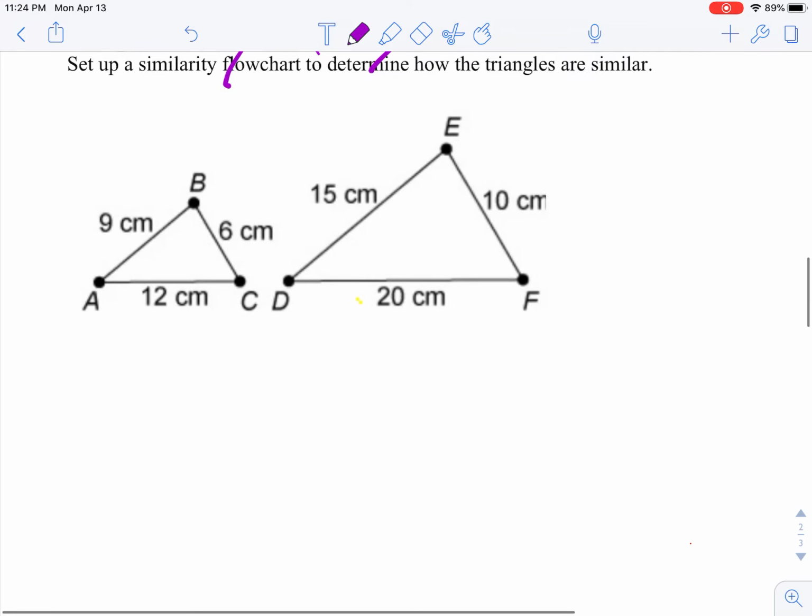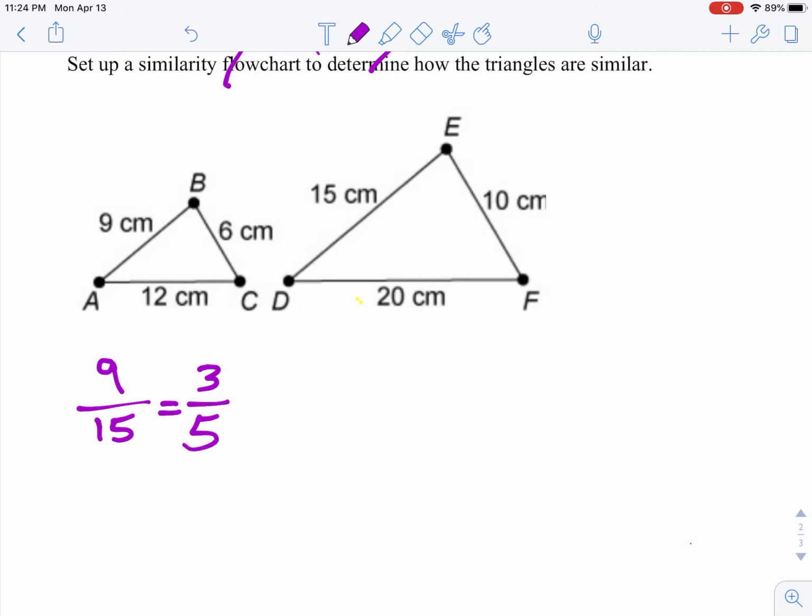So let's go ahead and write the information that we know. We do know that the 9 corresponds with the 15. If we reduce that, we will get 3. See, 3 goes into 9 3 times, and 3 goes into 15 5 times.